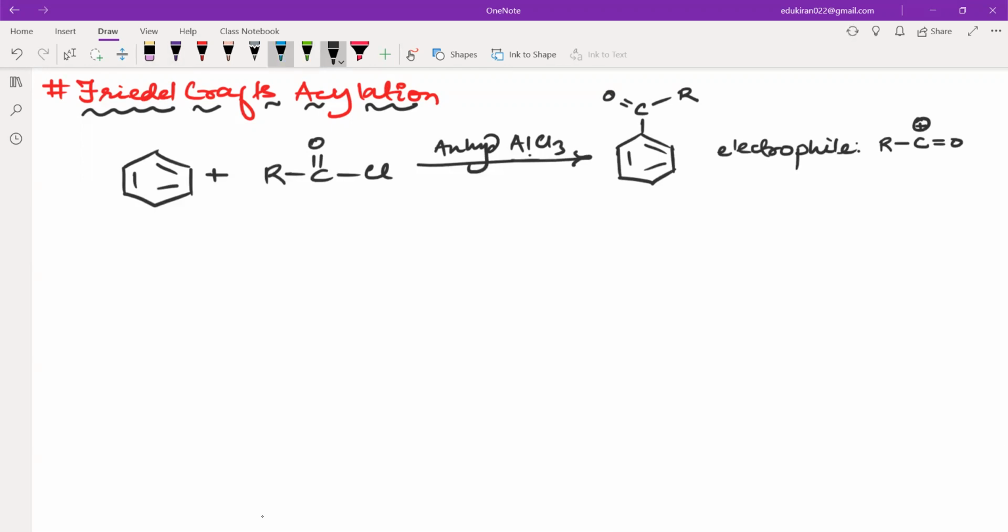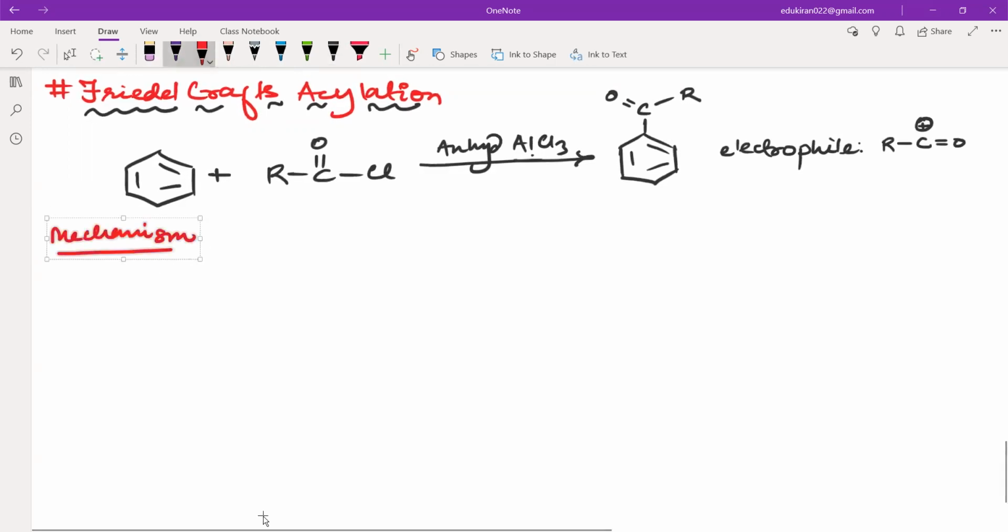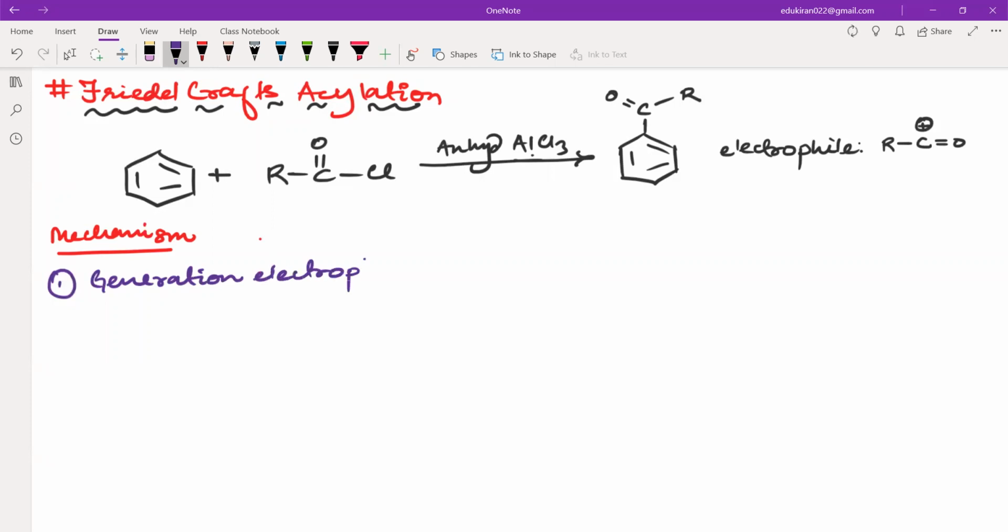If I look at the mechanism here, the first step will be generation of electrophile. I hope you can see this happening.